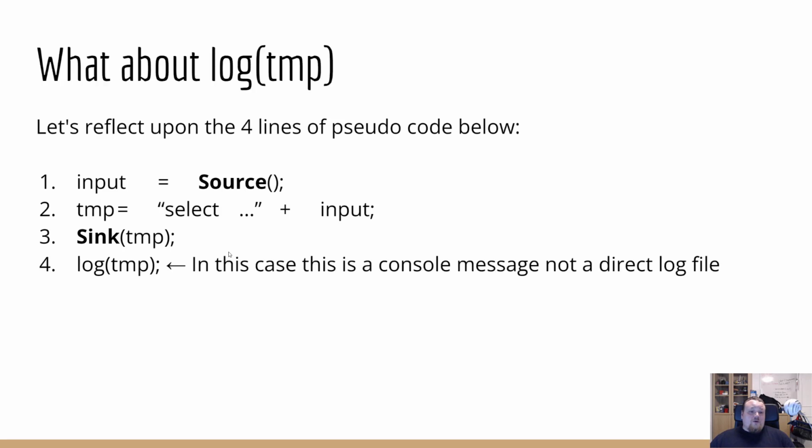All right. So the question is, what about the log? What about the actual log function call? Now, you can say in this case, this is just a console message, not a direct log file that you write to, and this goes hand in hand with what I mentioned before about if this was, for example, writing to some Apache log file.